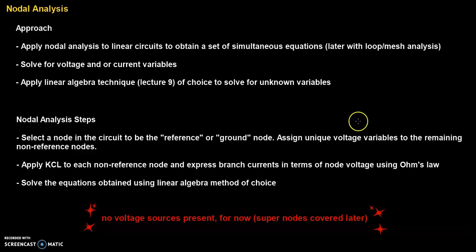Okay, so the approach for nodal analysis is to essentially apply Kirchhoff's current law by first selecting a reference or ground node for the circuit and applying KCL to every non-reference node.